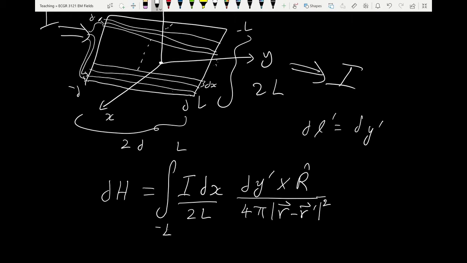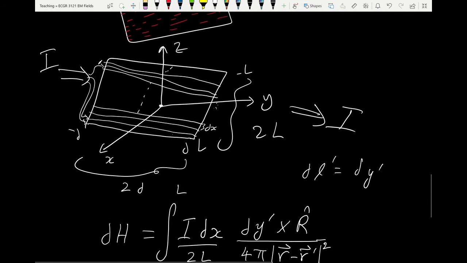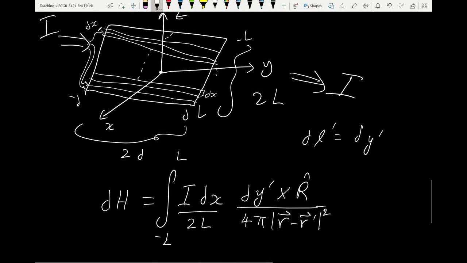This dx here represents the portion of the sheet that I'm considering to be the filament. So the total current is I, and the current going through the small filament is going to be equal to dx over 2L. If the length is 2L, 2L over 2L is 1, so I get the whole current. If I want to find the current flowing through half the sheet, that'll be half of 2L, which is L over 2L, half of I, right?